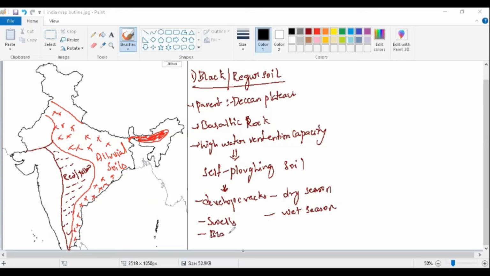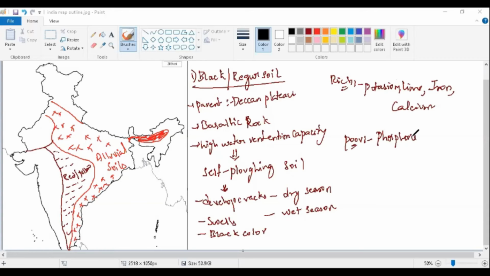Now it has black color and is rich in potassium, lime, iron, calcium, whereas it is poor in phosphorus, nitrogen, and organic matter, obviously.